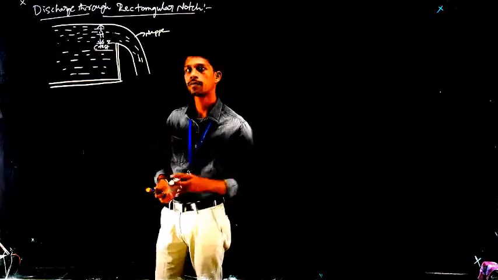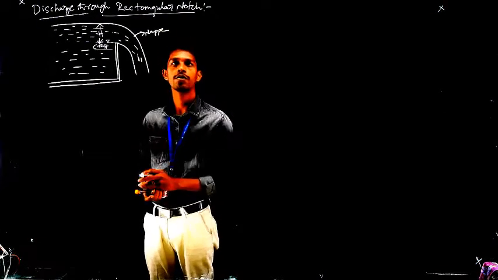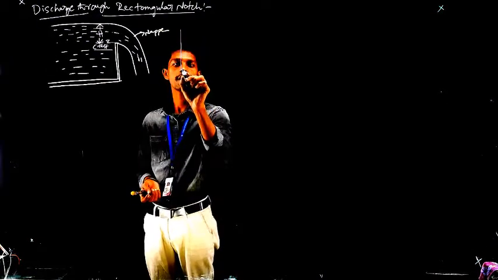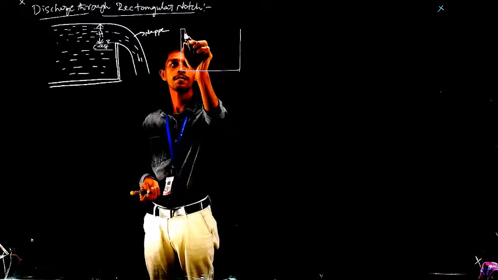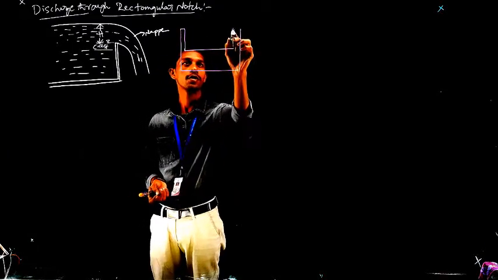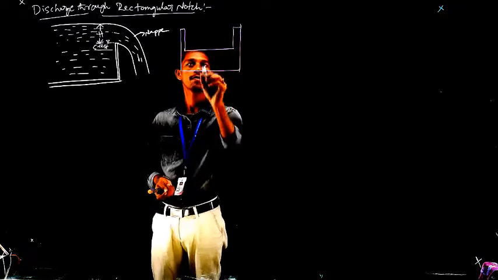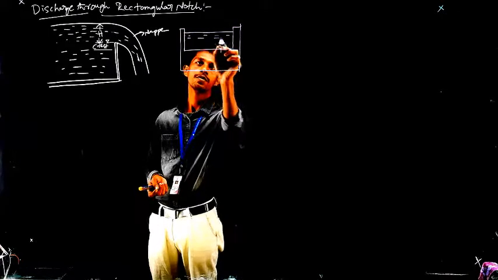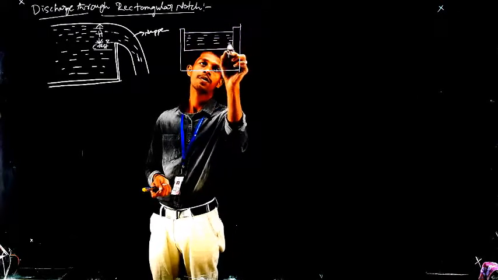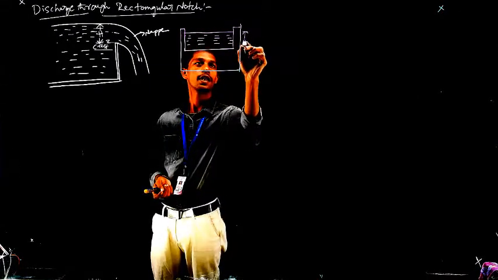If you want to show the shape of this particular rectangular notch from the front end, it will look like this. Assume this is the head value. This is the height I am talking about.